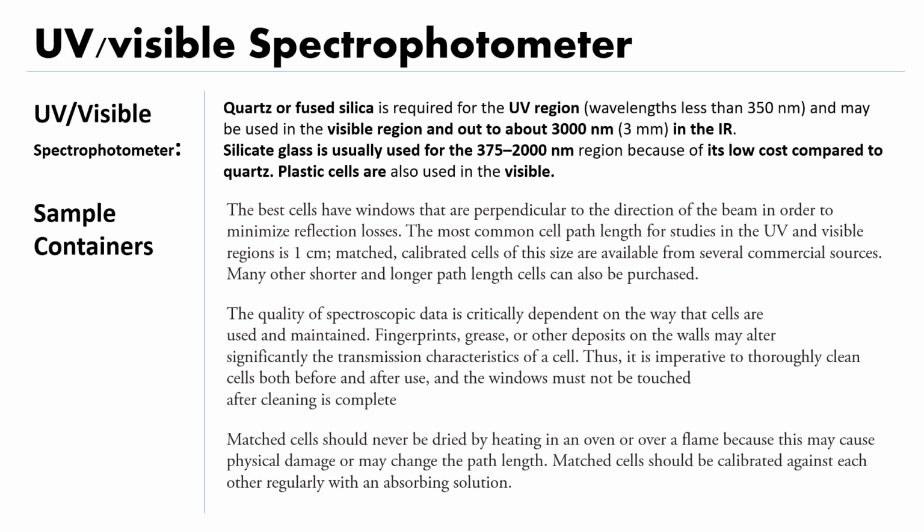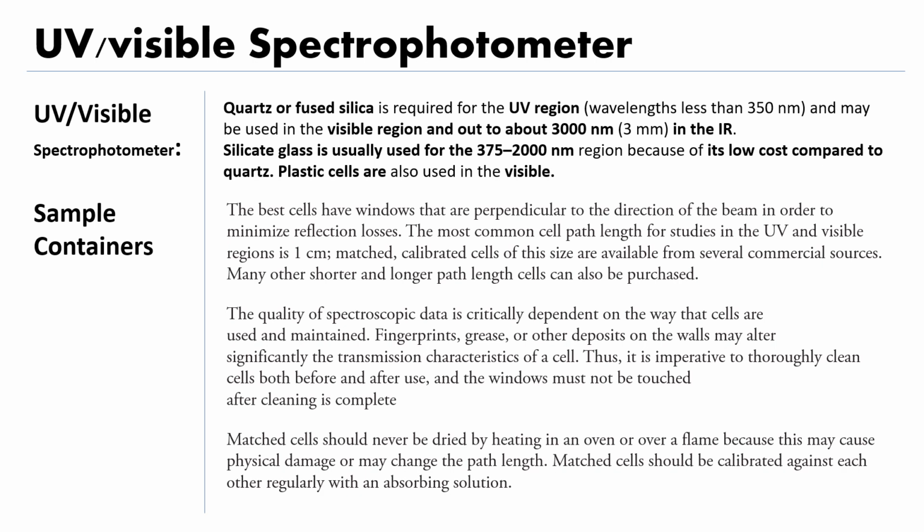And these cuvettes have a size of 1 centimeter. One care must be taken while measuring the absorption of a sample: the cuvette cells must be free of fingerprints, grease, or deposits on the walls, which may alter the results.